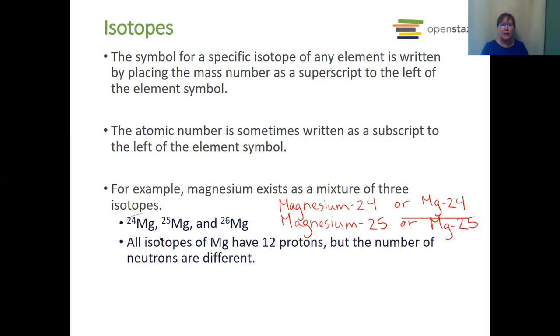Okay, so instead of like this, you can do this, and this shows your mass number. Okay, remember that's A. All right, all isotopes of magnesium have 12 protons, but the number of neutrons is different. So for magnesium 24, we have 12 protons and 12 neutrons. For magnesium 25, we have 12 protons and 13 neutrons. And for magnesium 26, we have 12 protons and 14 neutrons.